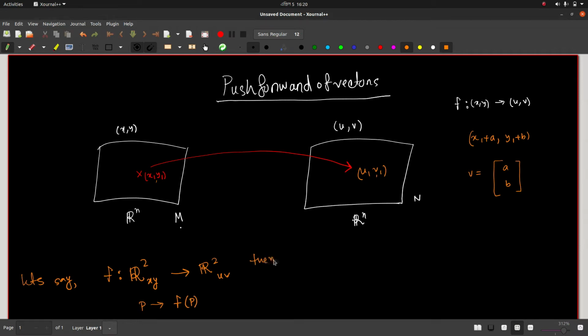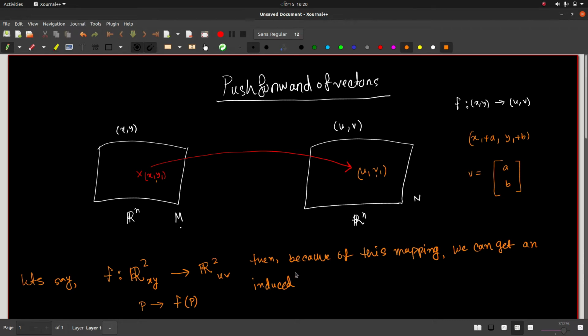Then, because of this mapping, we can get an induced mapping on the tangent bundle as well. And it will be clear in a moment why we are getting an induced mapping on the tangent bundle.